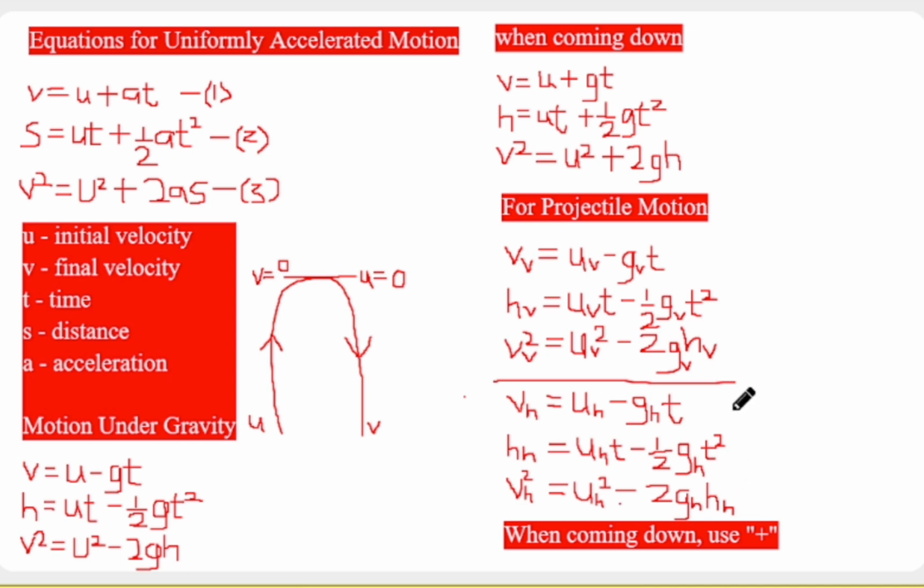So when you are solving a question on projectile motion, check: is the object going up? If it is going up, you use these equations. If the object is coming down, change the minus signs to plus signs, and then apply the equations appropriately.